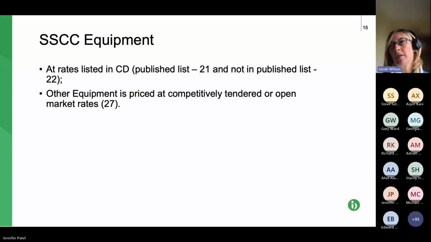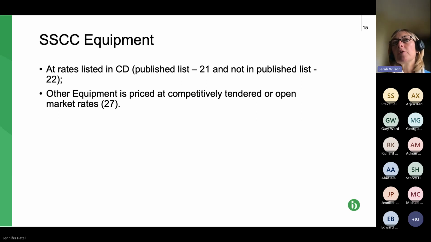So the shorter schedule for equipment has two options. The first one is your equipment is priced on any rates that are listed in the contract data. So we've got two, and again, within that, we've got two options. So the first is that the contract data might refer to a published list. So for example, CECA has a list of equipment prices.